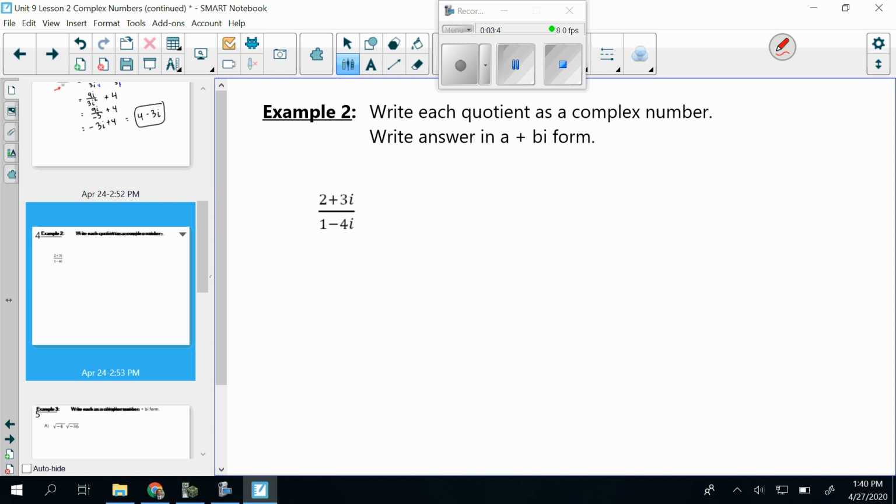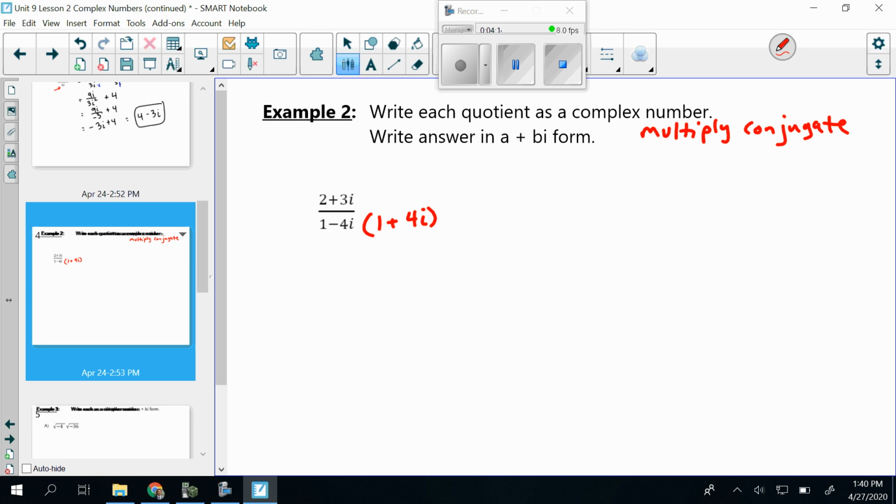So when you have a complex number in the denominator, what we're going to do on these problems is multiply by the conjugate. We saw this a little bit in the last video, what a conjugate is. A conjugate is going to be the same stuff, so we're going to put 1 and 4i in here, but we're going to change the symbol from a negative to a positive.